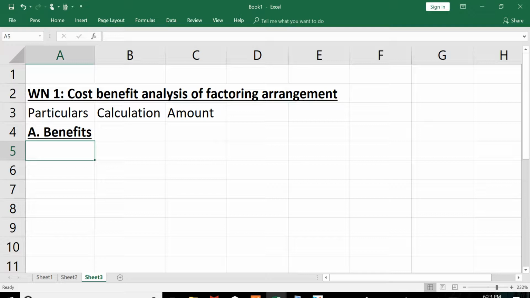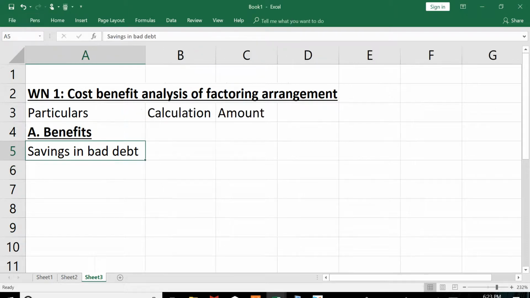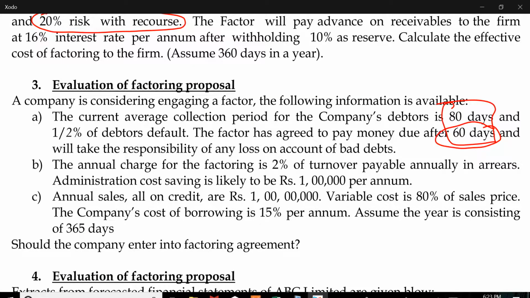The first thing which I am going to capture is savings in bad debt. We will again do this problem in lakhs. What's the savings we have? 0.5% of debtors default. What's the annual credit sales? 1 crore.